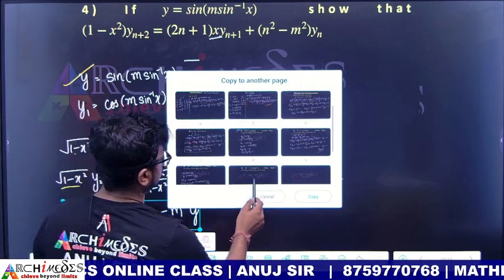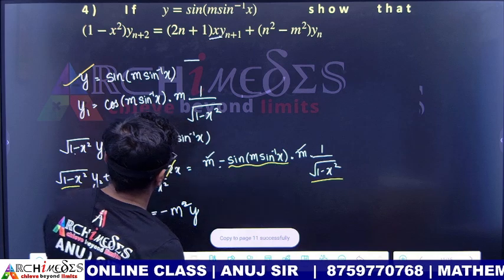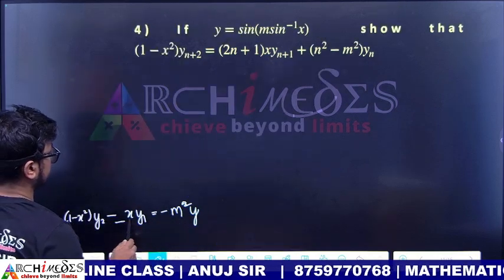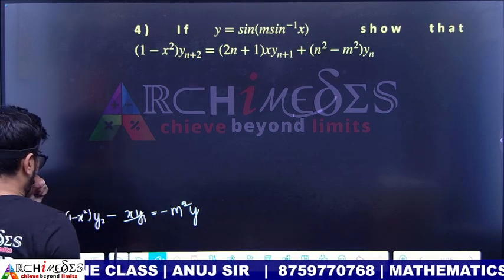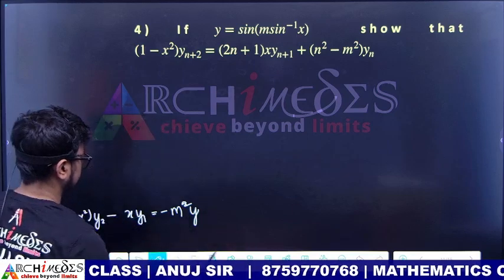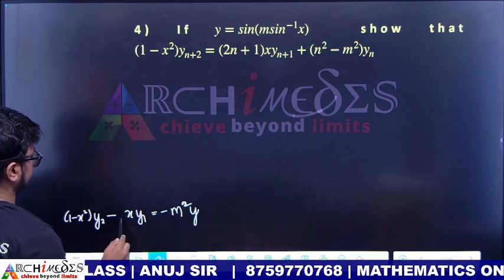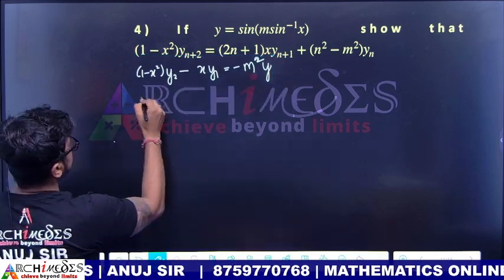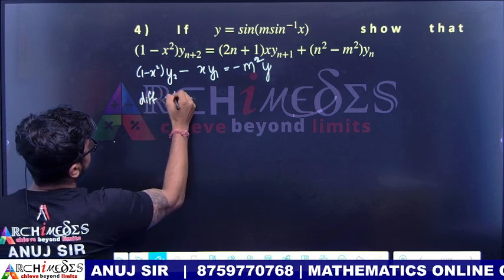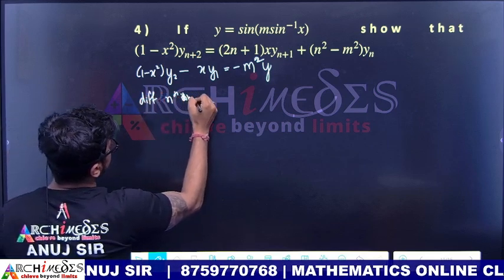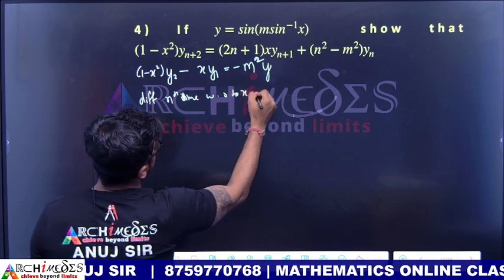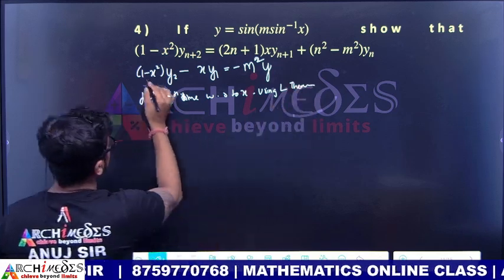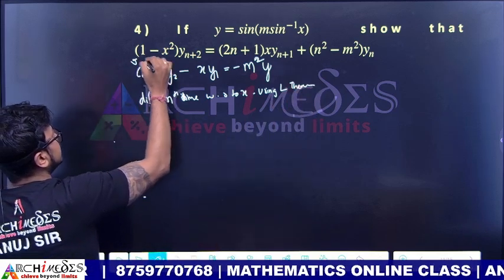So that means we have this differential equation. So now I'll write: differentiating n times with respect to x using Leibniz theorem. Clear? So again, this as a v, this as a u.